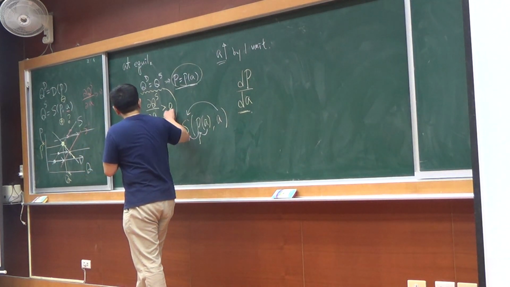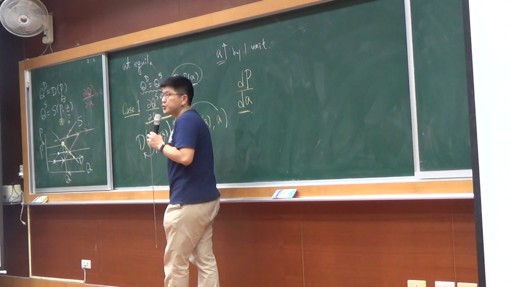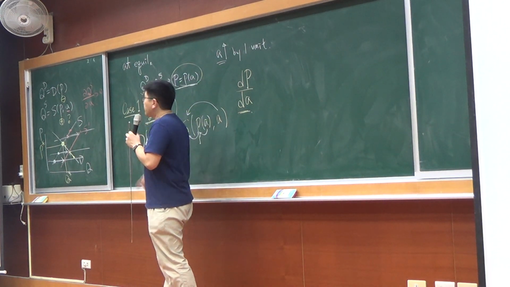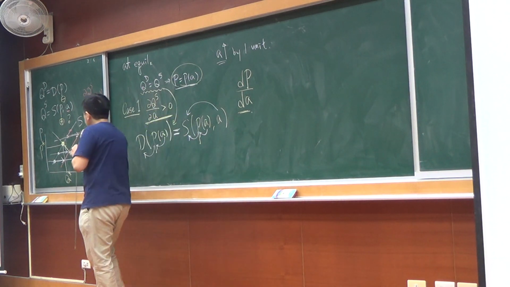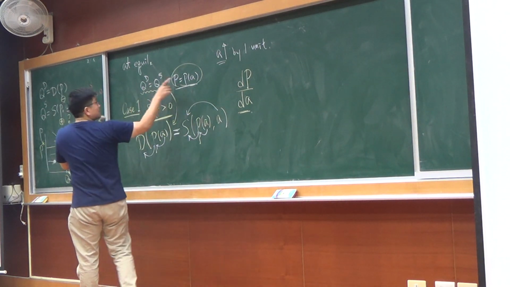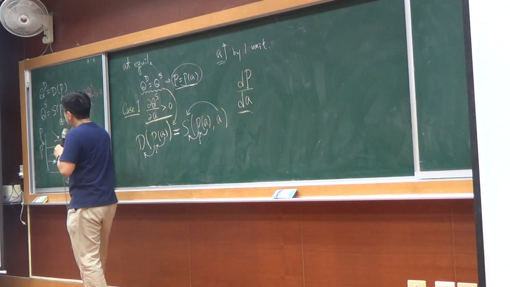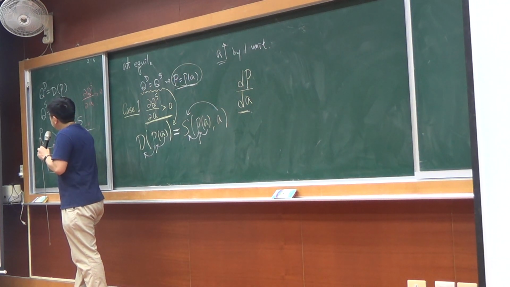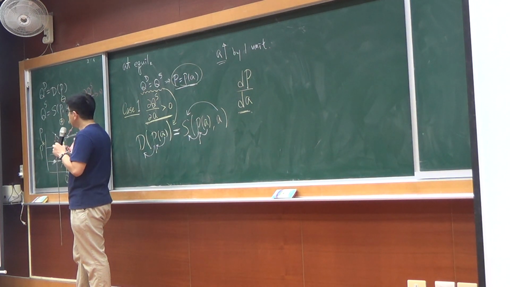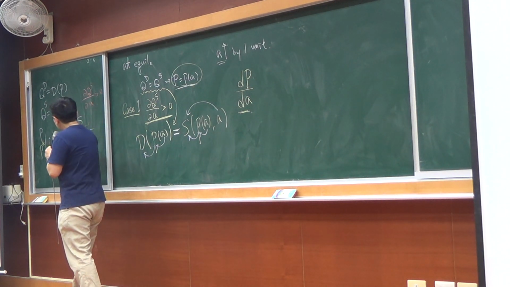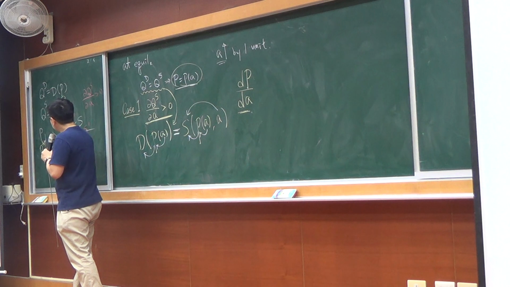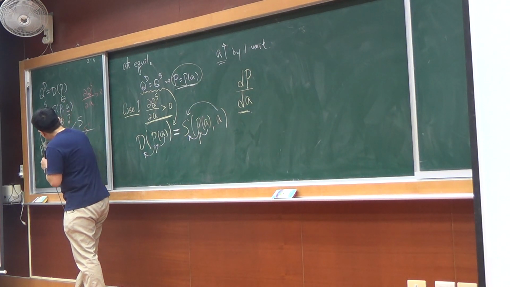So in case number 1, since we assume that partial QS, partial A is positive, which means when A changes by 1 unit, the supply curve will shift to the right, as on the blackboard. So the equilibrium point will move from here to here, right?